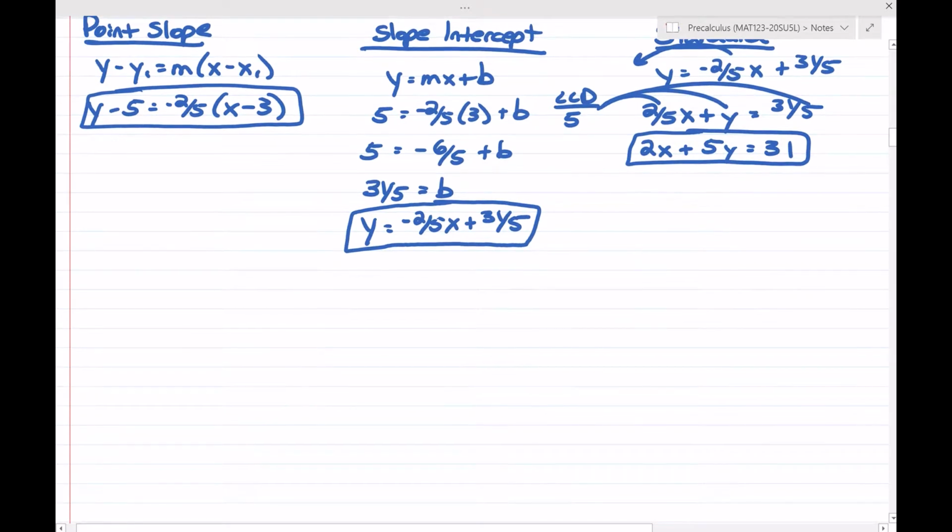So let's finish up by talking about the perpendicular line to what was given. So I'm going to ask you, for part B, to find the 3 equations of a line that are perpendicular to 2x plus 5y is equal to 4, but the lines are going to go through the point (3, 5).